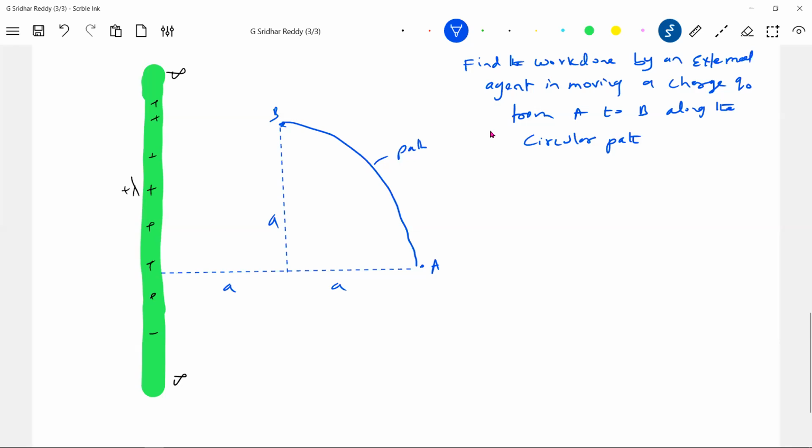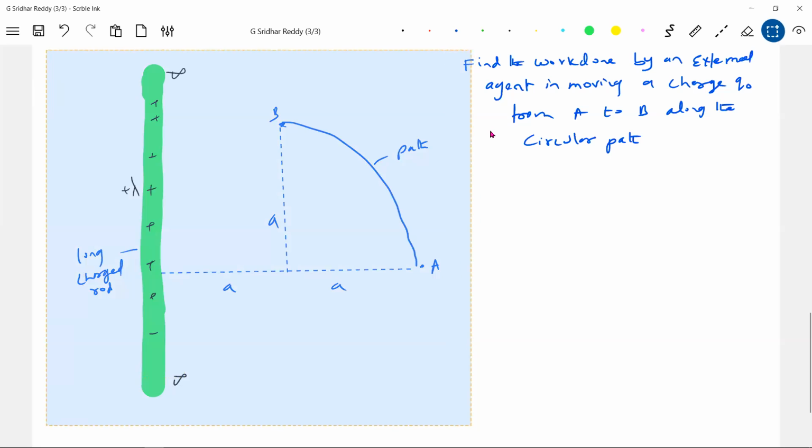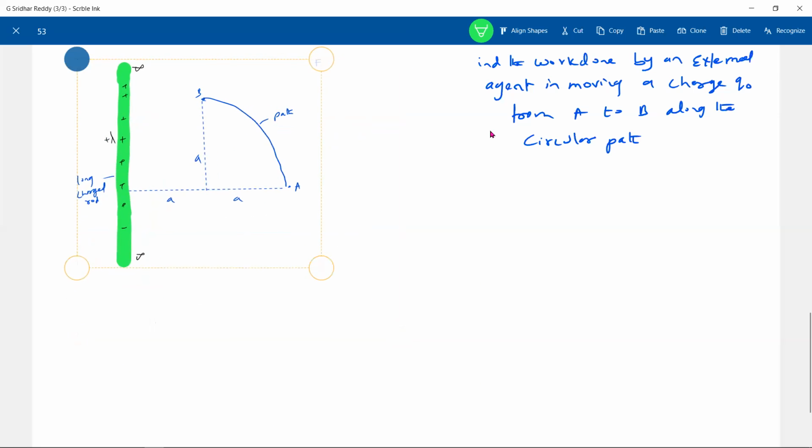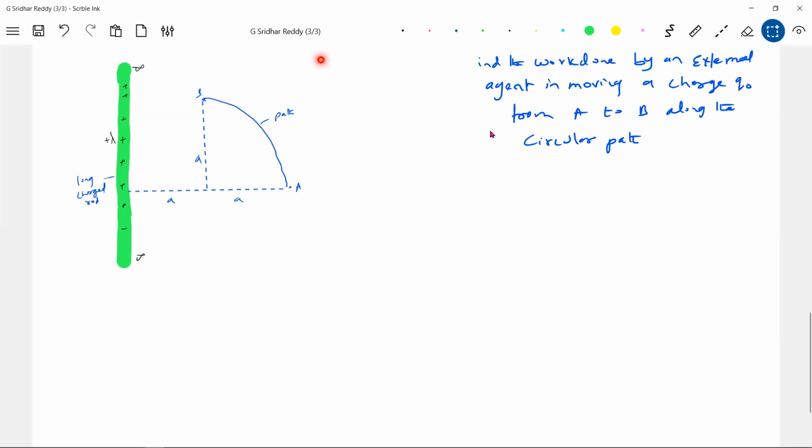There's a path, moving nearby a long line charge. What is the direct formula? Let's get into the formula. The formula says that you should calculate the potential at A and B, and I think the problem will be solved. Somehow we should get the potential at A and B.